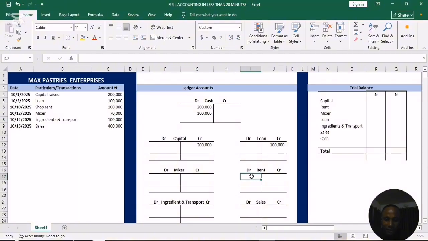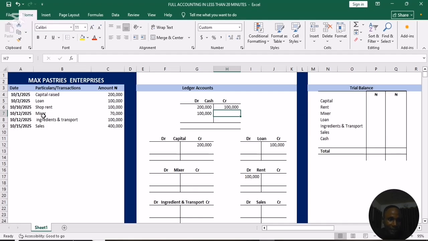We hit our equal to, then the amount 100k, and hit enter. Right, the corresponding entry will be in cash, and this time around it is going to be credited. So we hit it right here, then equal to, then the amount for the rent. Correct. Then we have our double entry.